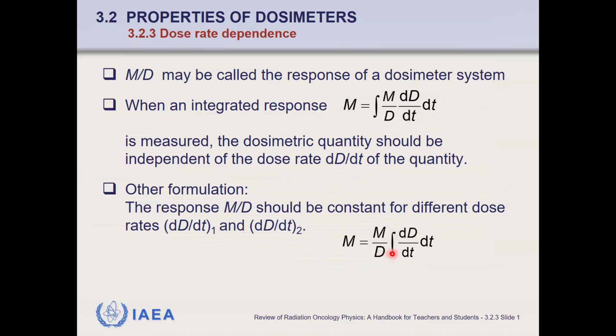So this principle can also be expressed as the requirement for the response M over D to remain constant regardless of the specific dose rate. Regardless of the dose rate, this amount M over D remains constant. So if you have two different dose rates, which we called here dD over dt1 and dD over dt2, the dosimeter response should be the same for both dose rates.